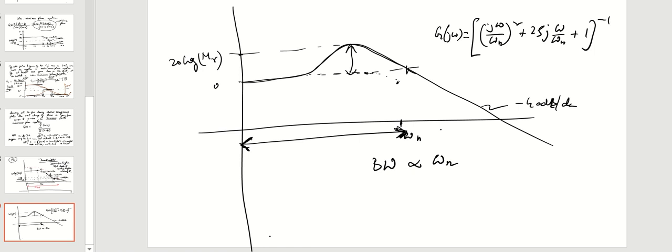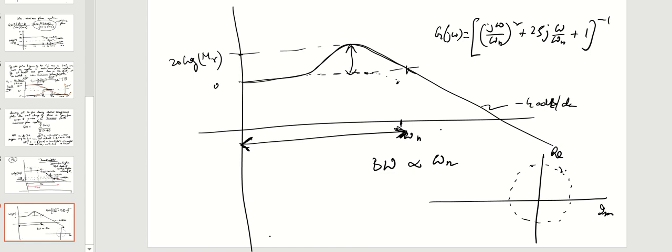And what else do we know? If you recall, when we drew those on the complex plane, this is the imaginary axis and this is the real part. The constant omega n loci is a circle. Remember, that corresponded approximately to the constant rise time loci too.